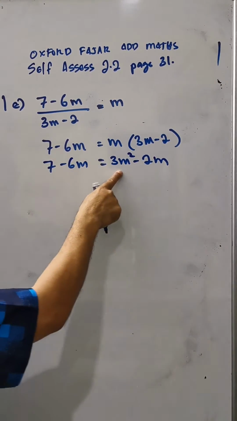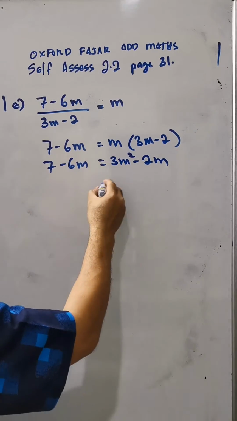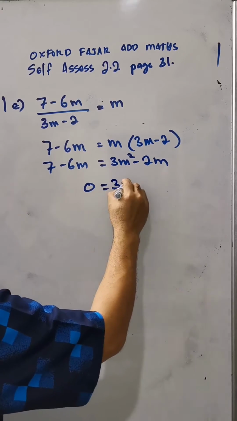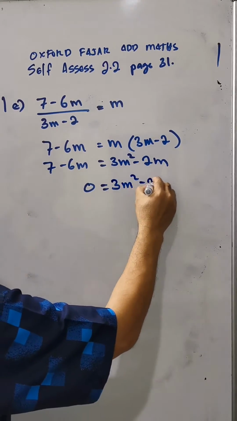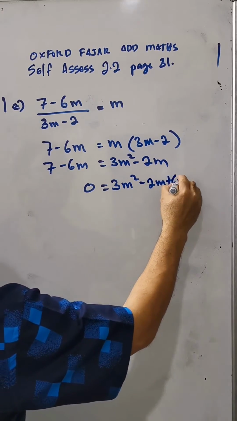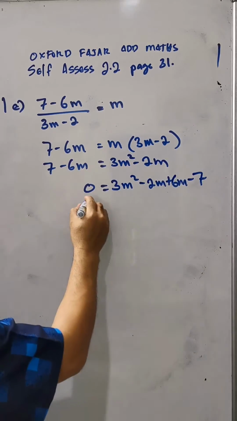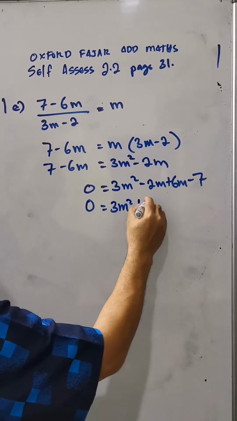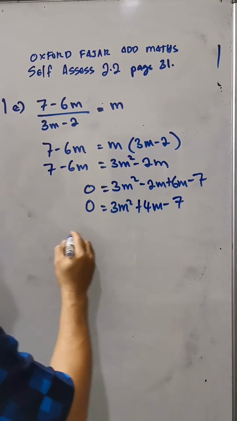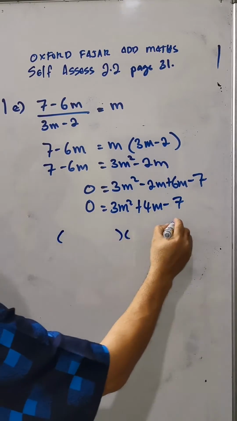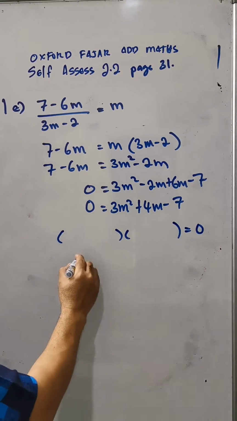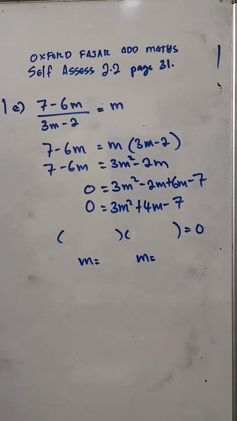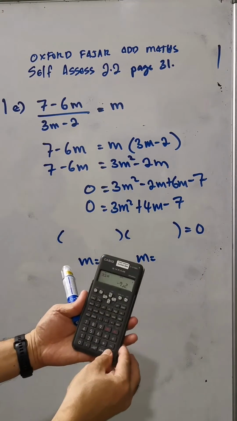Since my m squared is on the right side, I choose to move everything to the other side. Minus 2m plus 6m minus 7. Simplify: 3m squared plus 4m minus 7. As usual, put the bracket equal to 0. Write down the first m and the second m, and then press the calculator.